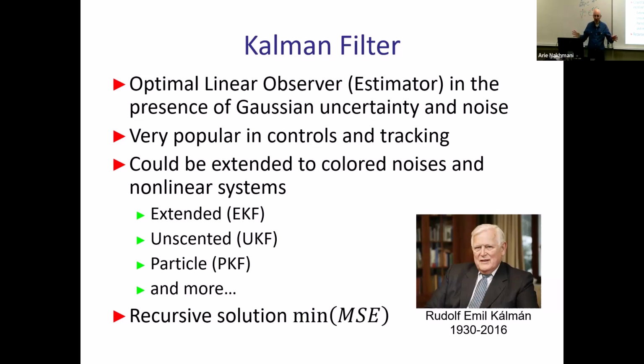He published in maybe 64 or 65. Luenberger came and said, well, let's ignore all the noises, let's ignore all the other uncertainties in the model. For a perfect model, these are the observers that you need to design. So it was technically a much easier problem to solve, which was already solved in a way.